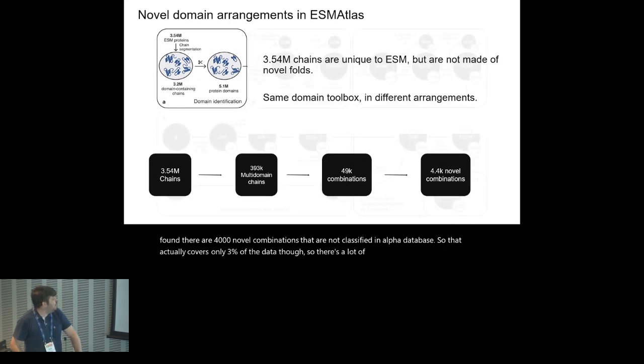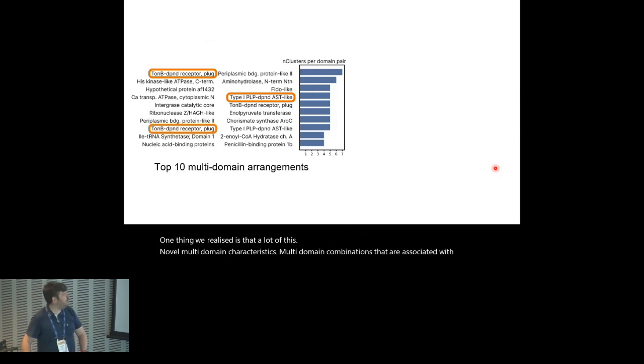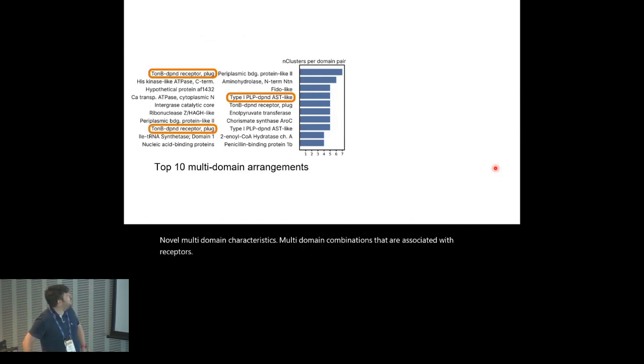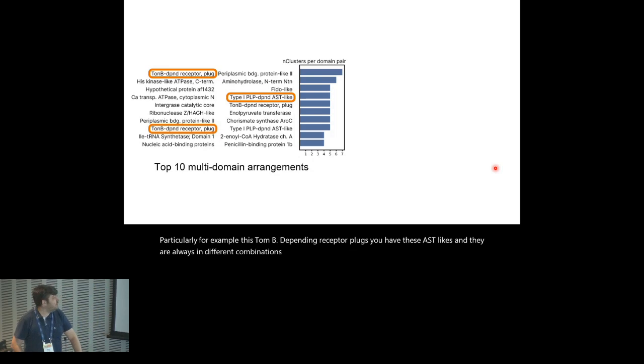One thing we realized is that a lot of these novel multi-domain combinations are associated with receptors, particularly. For example, these TonB-dependent receptor plugs, you have these and they are always in different combinations with other domains.